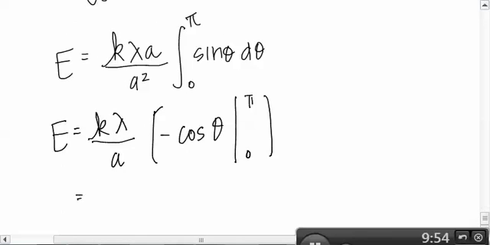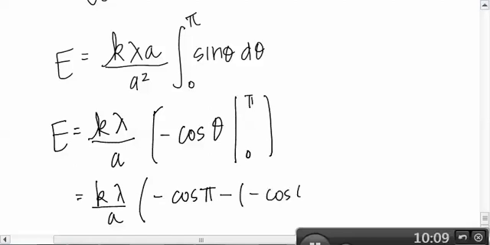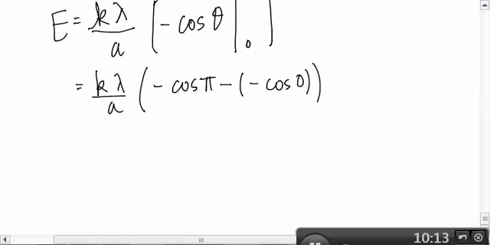Alright, so we'll make our substitution. So what is the cosine of pi? Isn't that -1?